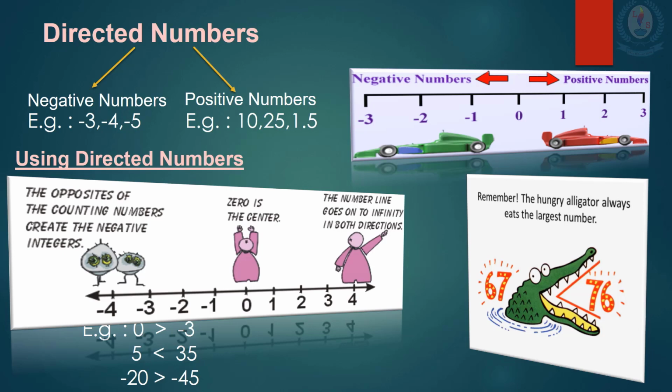So likewise, if you want to compare 0 and a negative number, always the 0 is the larger number. If you want to compare two negative numbers, you have to look at the number line and get an idea. Here you can see an example, minus 20 and minus 45. Minus 20 is the larger number.